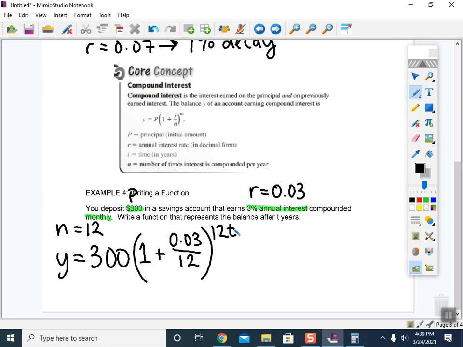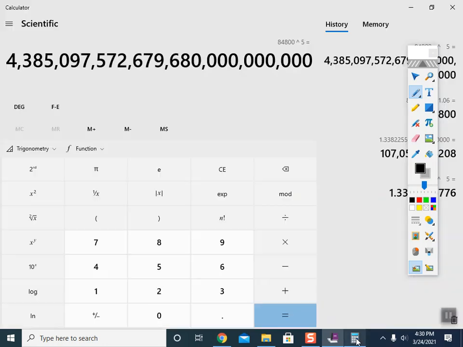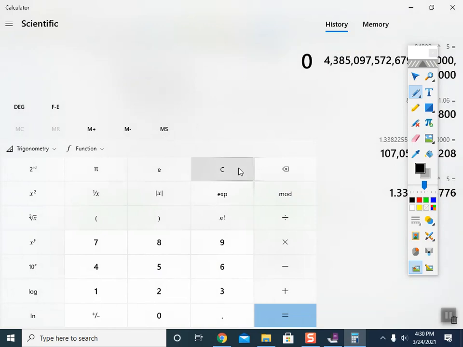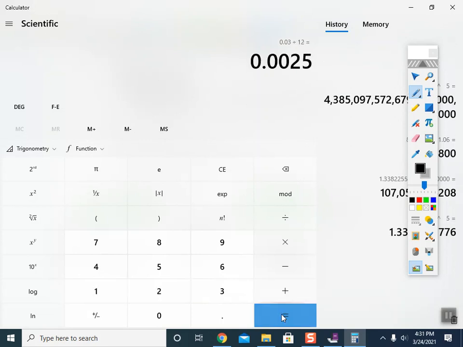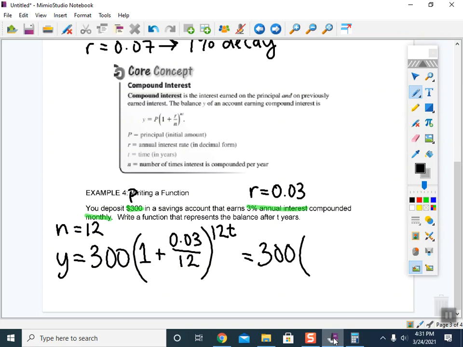I could simplify this, and I'm going to. I have 300. I need to figure out what 0.03 divided by 12 is, and it's going to give me 0.0025. So I would have 1.0025, all of that raised to the 12t power.